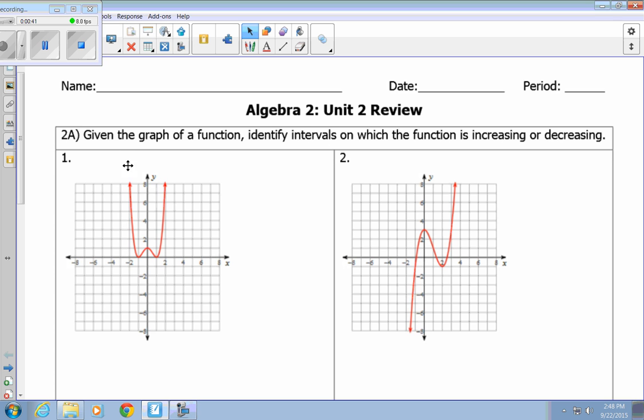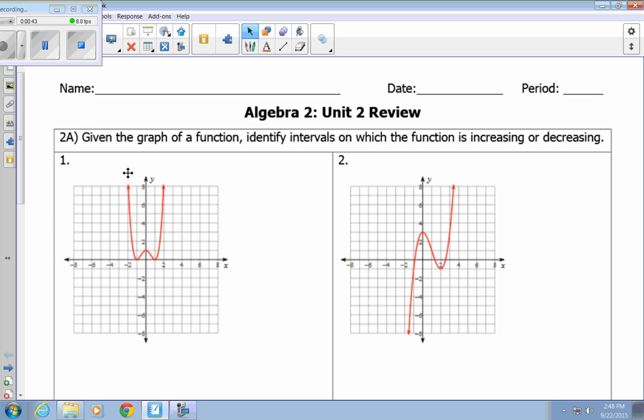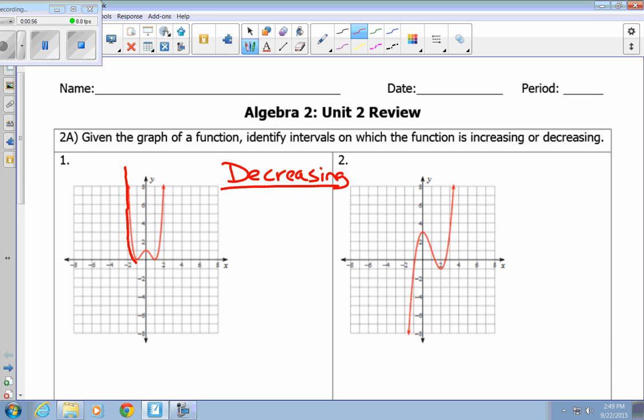The decreasing interval: the first part of the graph is decreasing, and it's coming to x values, always talking x values when decreasing and increasing. You're talking from negative infinity, and it stops decreasing at negative 1.